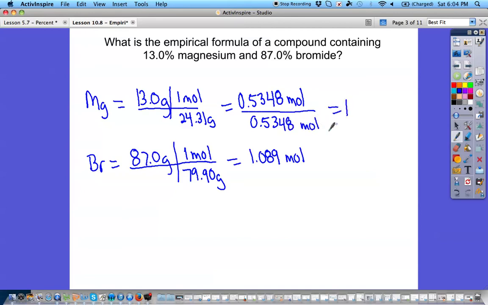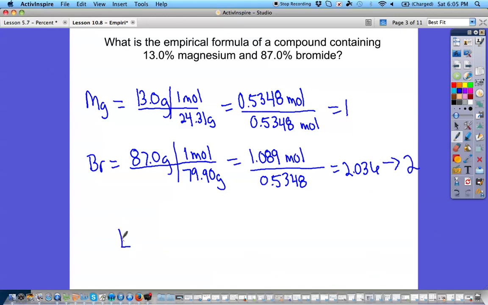So this is going to be 1.089 divided by 0.5348. This is going to give us 2.036. So it's a number .15 or less. So we're going to round this down to the nearest whole number, which is 2.